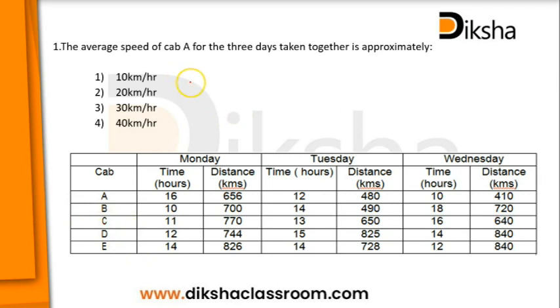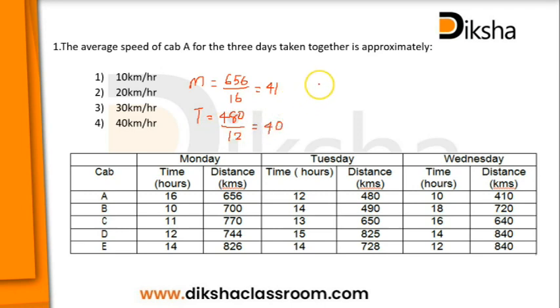So for Monday, speed equal to distance by time, 656 by 16, that is 41. For Tuesday, it is 480 by 12, it's 40.